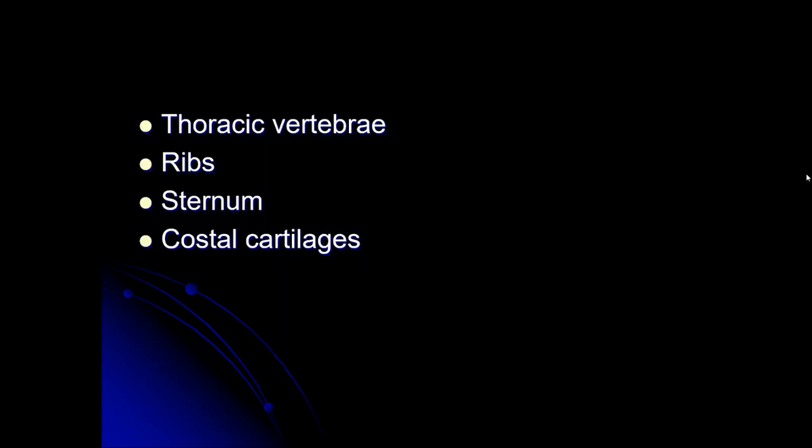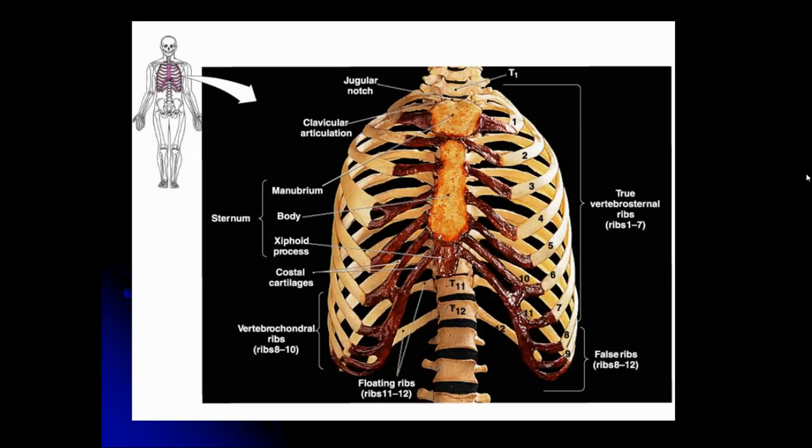So if we look at the sternum, it looks like this. You can see it here, and you can see the ribs, and those dark brown things are the costal cartilages. And so it forms what we call a rib cage. And that rib cage, or bony thorax, protects the heart and the lungs and some other organs as well.